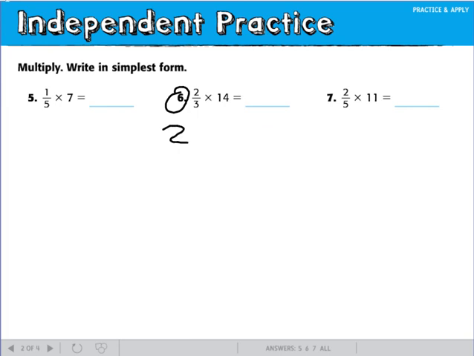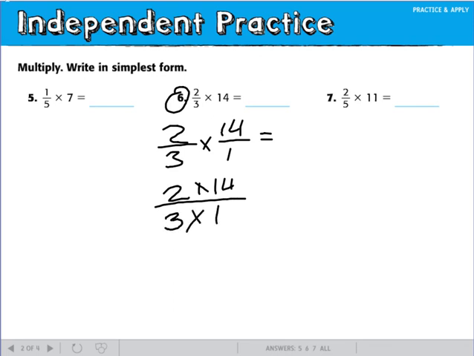So we have 2/3 times 14 over 1. So we have 2 times 14 over 3 times 1. 2 times 14 is 28. 3 times 1 is 3. Okay.